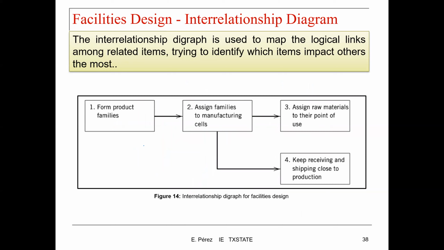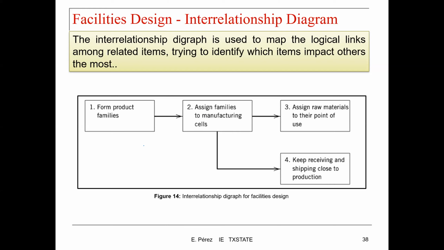The next diagram is called the Interrelationship Diagram, and this one is used to map the logical links among related items to identify which items impact others the most. So as we mentioned earlier, here we have the forming of the product families and how that would impact others.